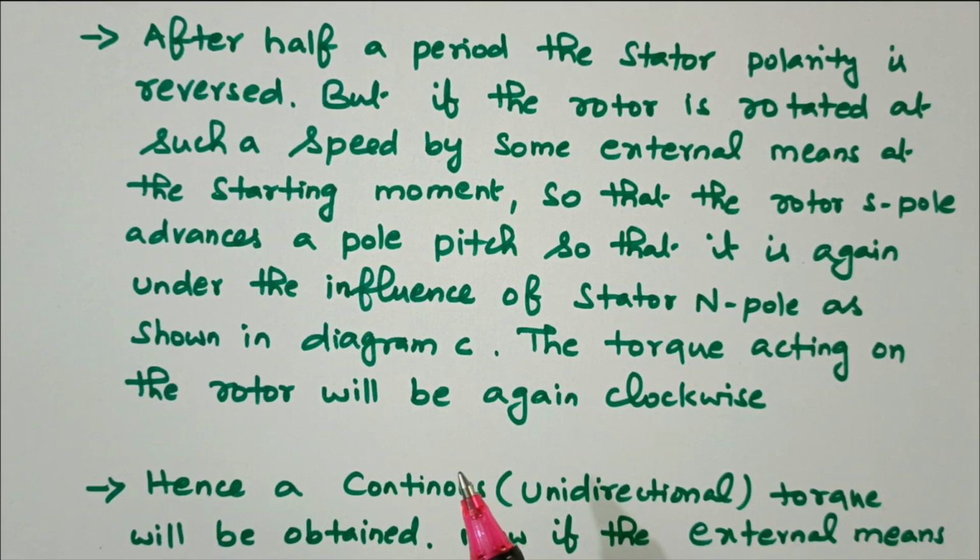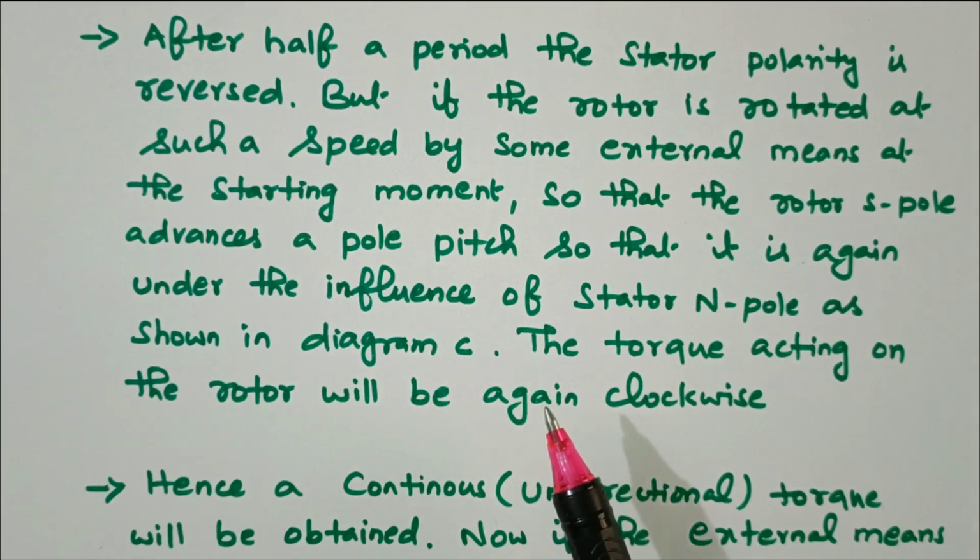After some time the stator poles are changed but the rotor remains the same, so they would repel each other and start in the anti-clockwise direction, but it will not rotate and will not give any unidirectional torque.